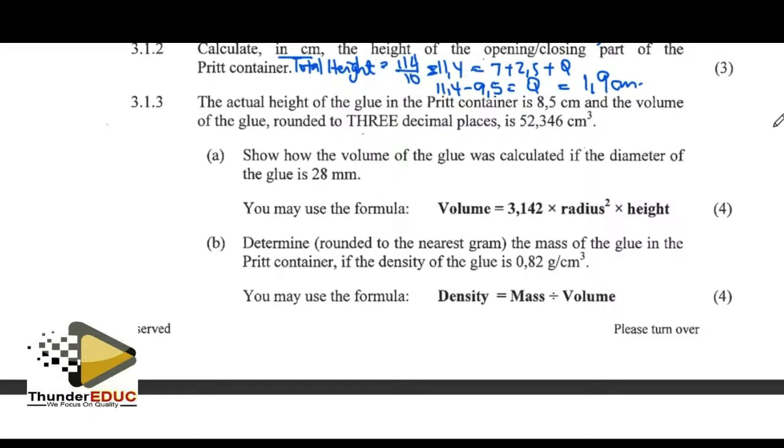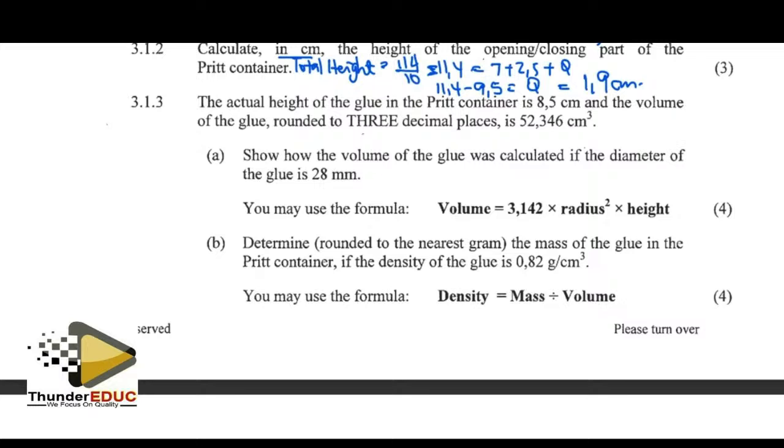The actual height of the glue inside the container is 8,5 centimeters, and the volume rounded to 3 decimal places is this much. So we need to show that the diameter is this much.